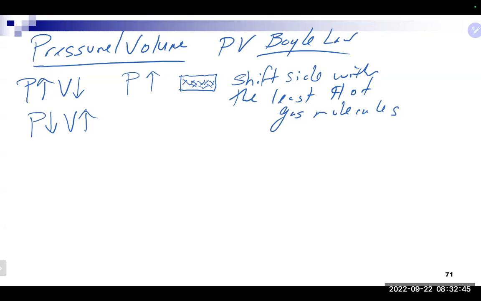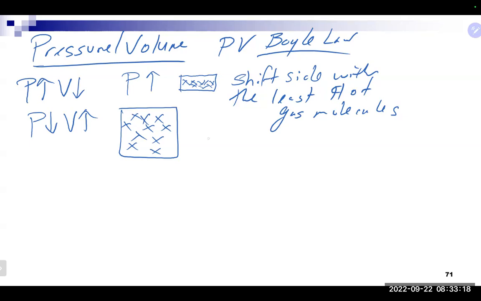Opposite is true here. If we increase that volume, the change that we're going to see is the pressure is going to start to drop. So we want to bring the pressure back up to fix that change that occurred. So in this larger volume, we would need a lot more gas molecules to fill it up, because if we fill it up with a lot more gas molecules, we will then see an increase in the collisions, and we will see the pressure start to come back up.